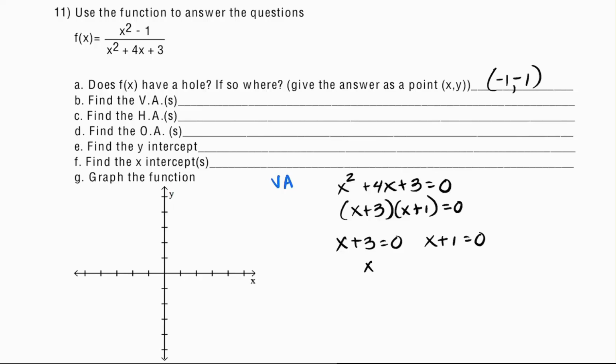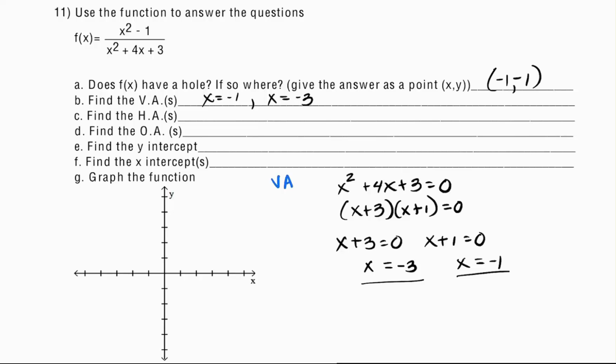Solving for x gives us that x equals -3 and -1. As we did before, we determined that at x equals -1, we have a hole, and at x equals -3, we have a vertical asymptote.